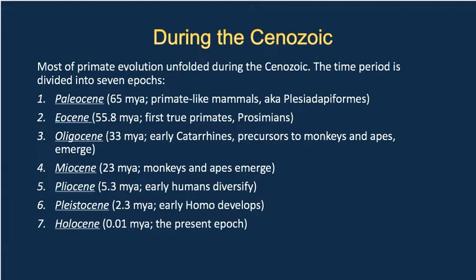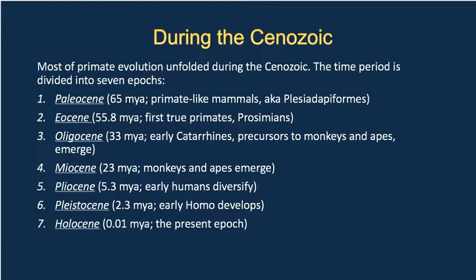The Paleocene, which is about 10 million years in length, we have the first primate-like mammals appear. We don't have the entire suite of primate characteristics present yet in these early fossils, but we do see primate-like characteristics. We see a group of animals that are beginning to accumulate primate-like characteristics. These are called the plesiadapiforms.